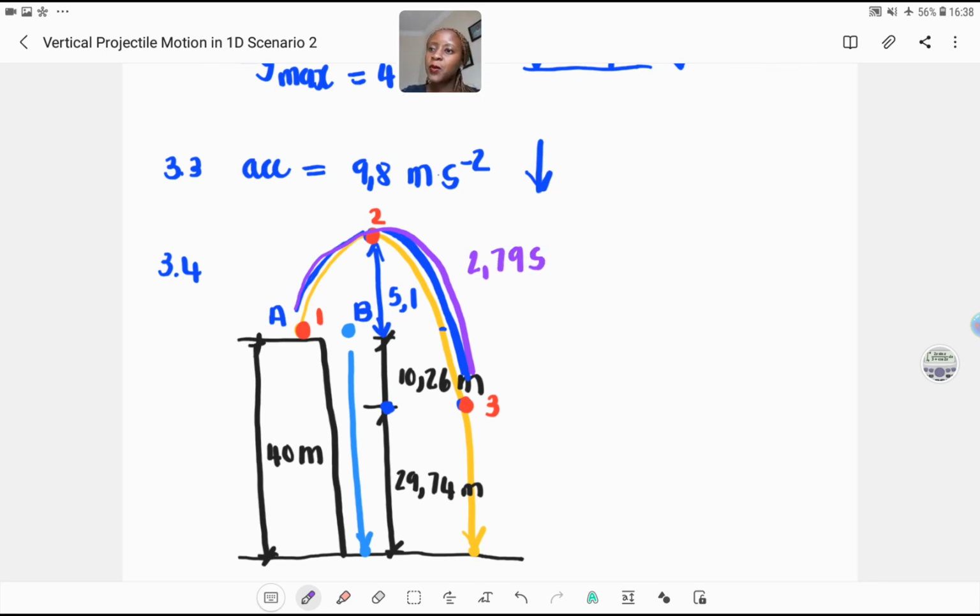And then for stone B, it took, I actually forgot the time, I think 1.45 seconds, to reach point 3. So if I want to know what x is, I would have to take 2.79 and subtract 1.45 from it, and get the time.